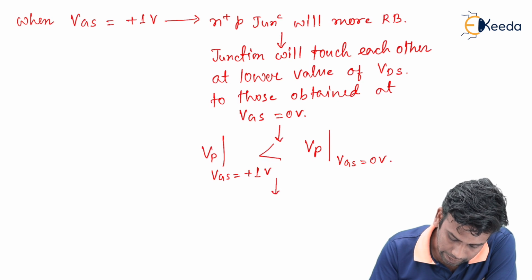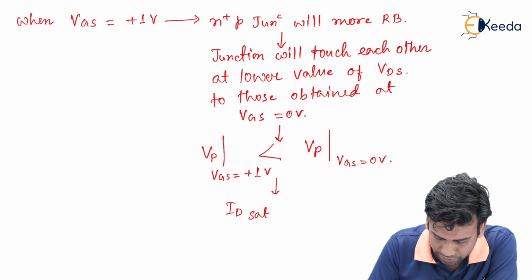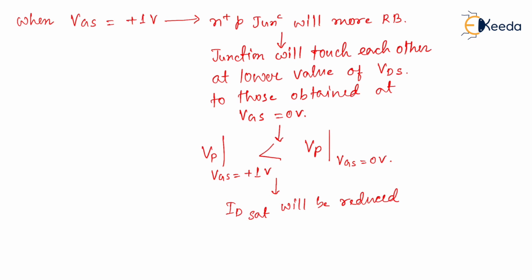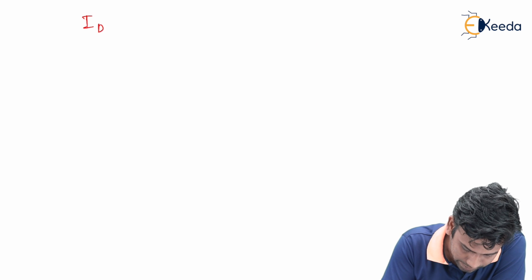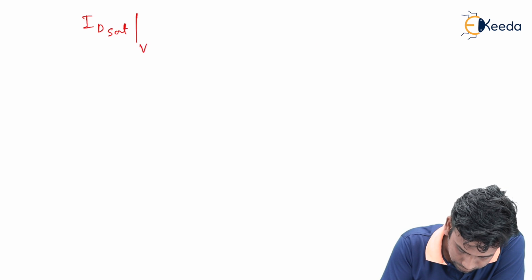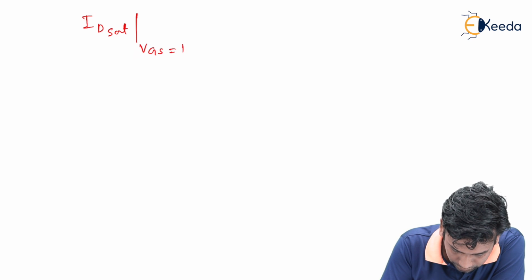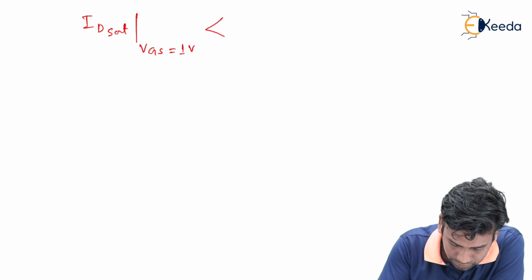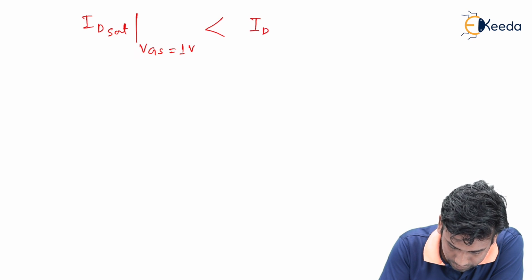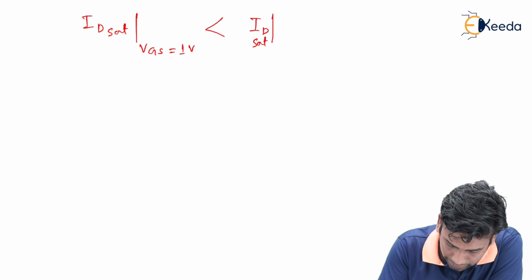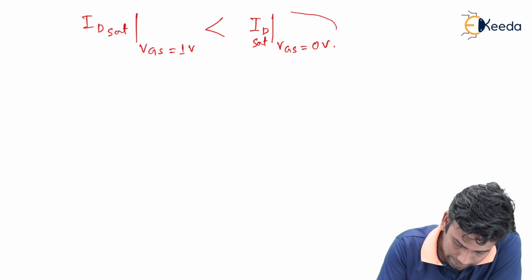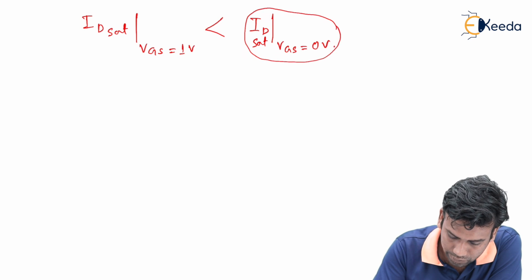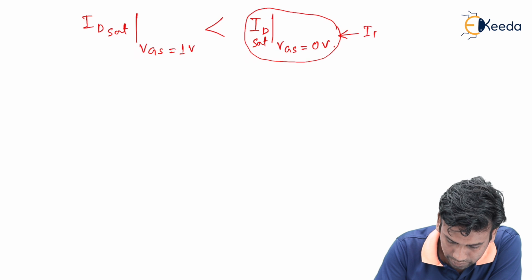That means the IDSS value, that is the ID saturation value, will be reduced, and due to this the ID sat at VGS equals to 1 volt will be lesser than the ID sat at VGS equals to 0 volt, and we know that the ID saturation value at 0 volt we have named as IDSS.